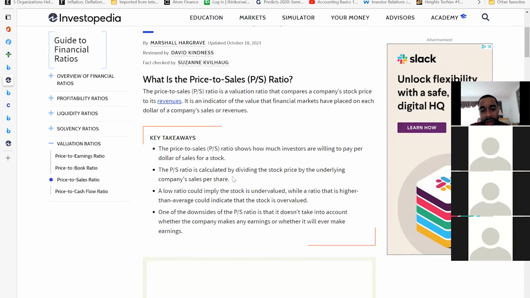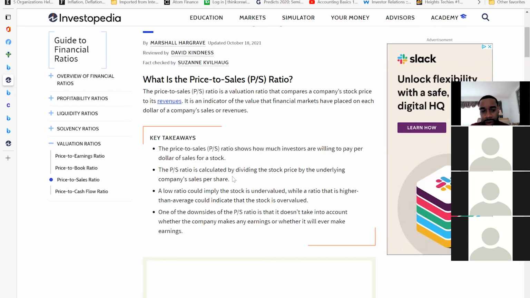If it is, that's a good rule of thumb. Then the second thing is to look at the growth rates or the expected growth rates for the company. If the company is expected to grow at 30% for the next 5 years and it has a PE of 15, then that company would be undervalued with respect to its growth.